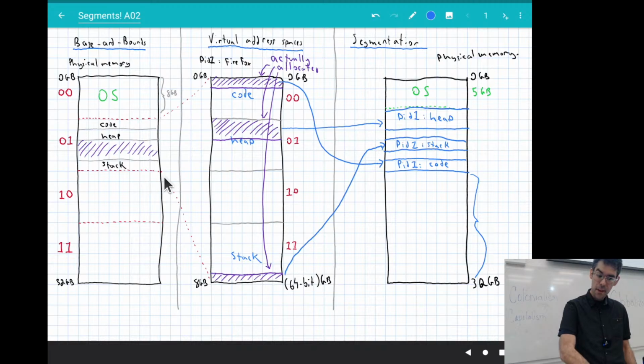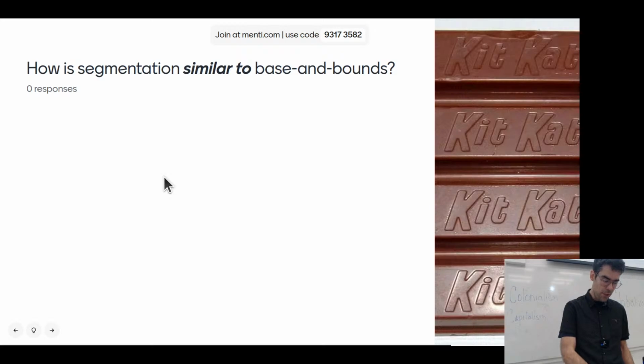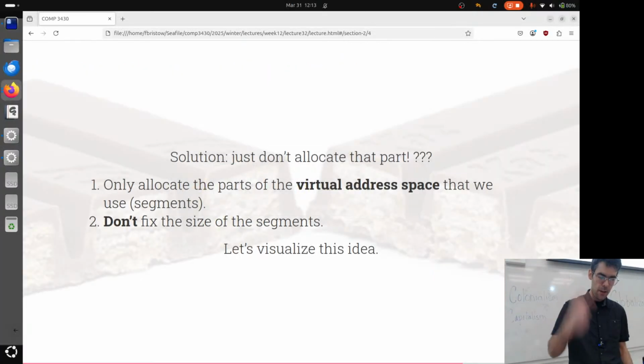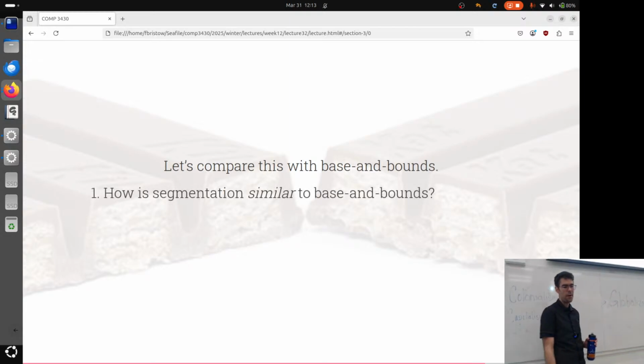I'm going to go back to my Mentimeter slides now. The first question that I want to ask you in terms of comparing with base and bounds is going to be, what's similar between these two things?